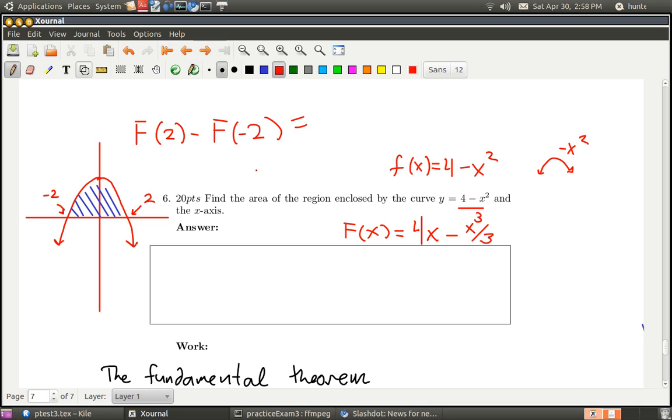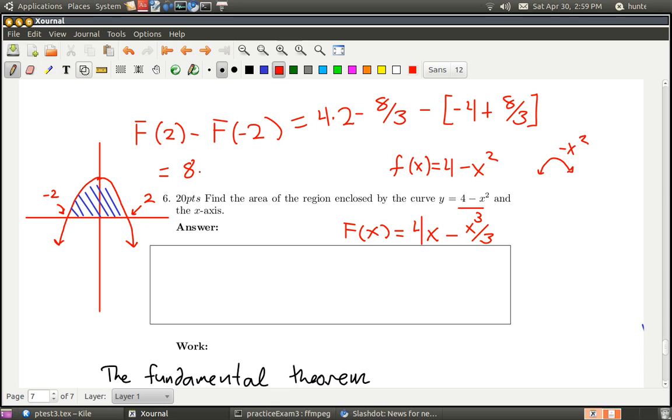So the answer is going to be F of 2. So what is that? That's going to be 4 times 2 minus 8 over 3. And minus, I have to be a little careful about the quantity minus. It's going to be minus 4 plus 8 over 3. Alright, and now let's see what happens.